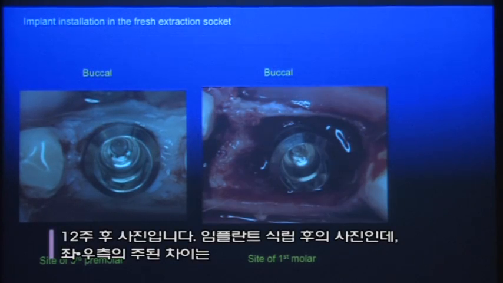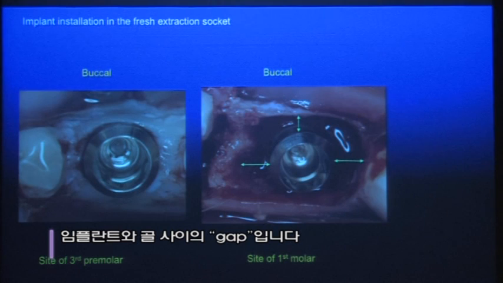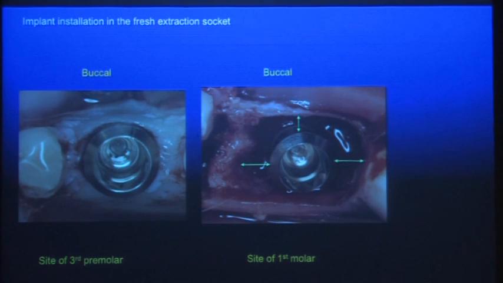This is at 12 weeks. Now this is following implant installation. What's the main difference? Dimension of the implant is the same here as here. The main difference between the two sides is the gap that exists around the implant placed in the molar side.